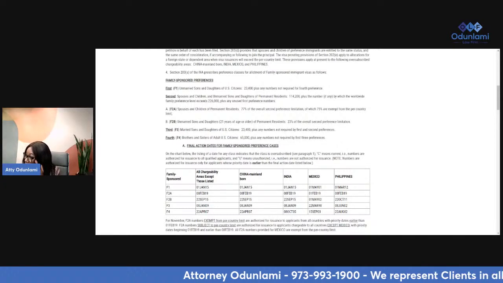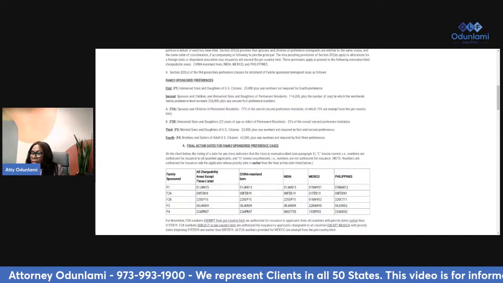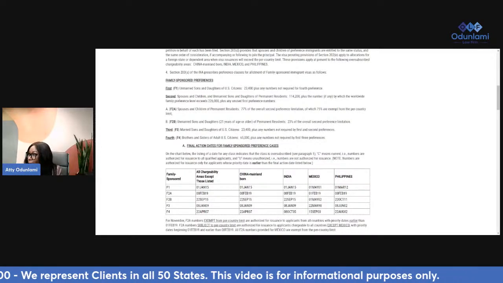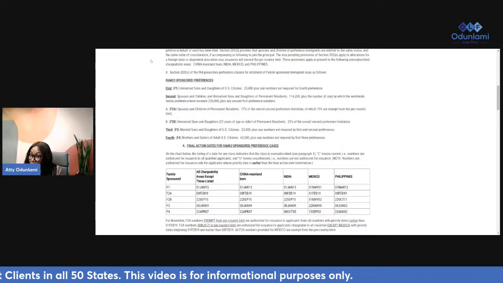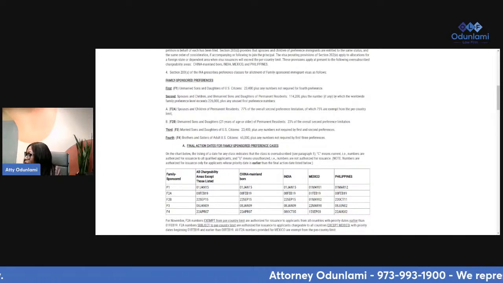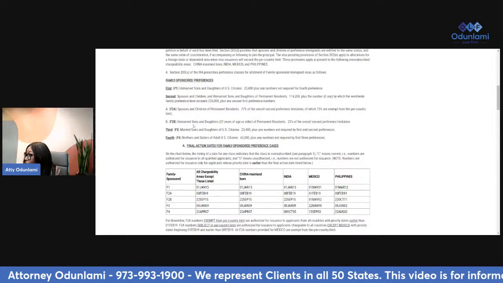So let's get to what I want to talk about. If you are a permanent resident and you filed for your child under F2B, your child was an unmarried son, maybe age 25, right?